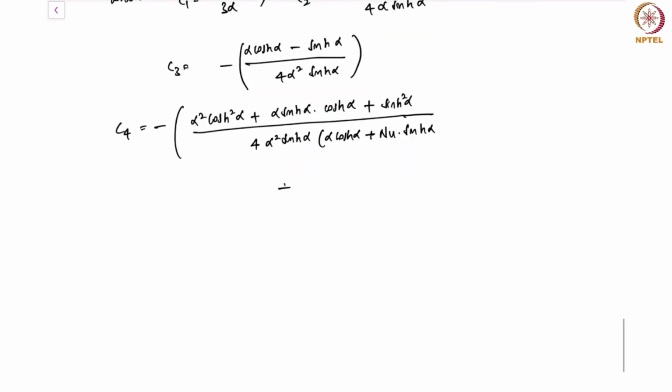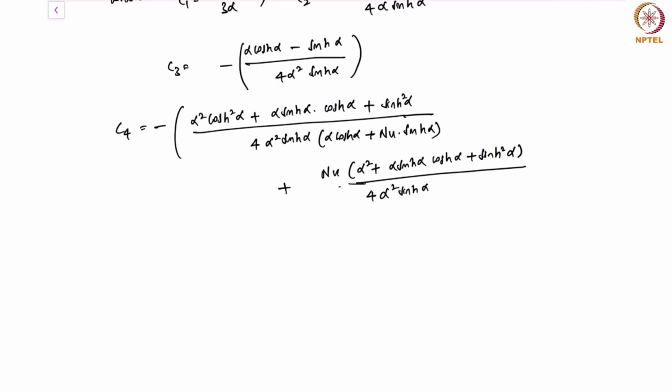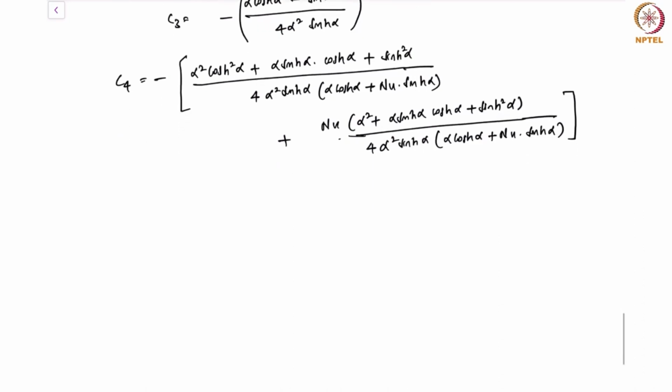This is the first term, and then we have another term which is Nusselt number times alpha square plus sin h of alpha cos h of alpha minus sin h square of alpha, whole divided by the same thing in the denominator. That's the expression for c4.